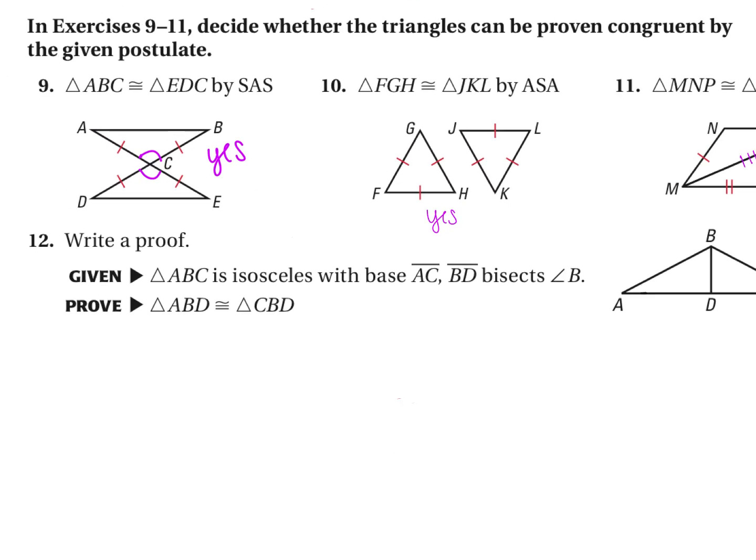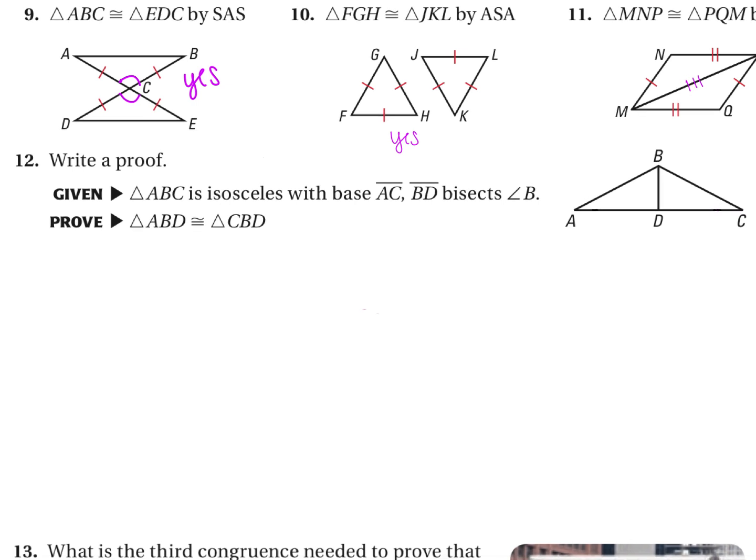All right, proof question. It says write a proof. Given triangle ABC is isosceles with base AC, and then BD bisects angle B. So I have my statements, I have my reasons. First thing is going to be what's given.